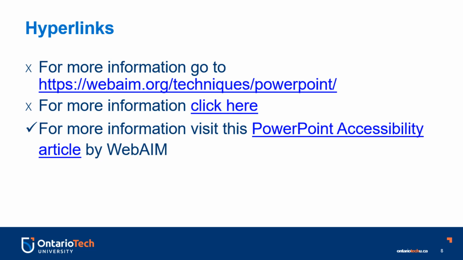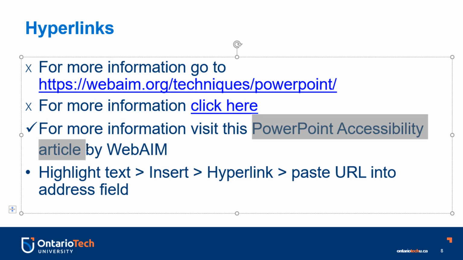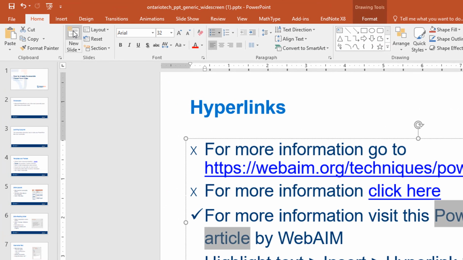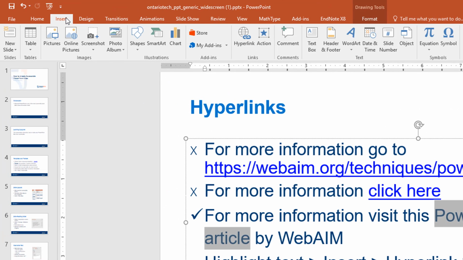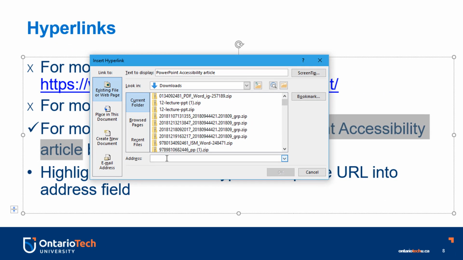For more information, visit this PowerPoint accessibility article by WebAIM. To add a link, simply highlight the text you wish to link, click on the Insert tab, and then select Hyperlink. In the address field, just paste in the URL, then click OK.